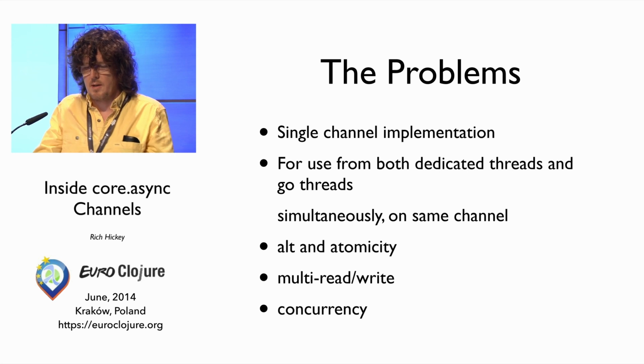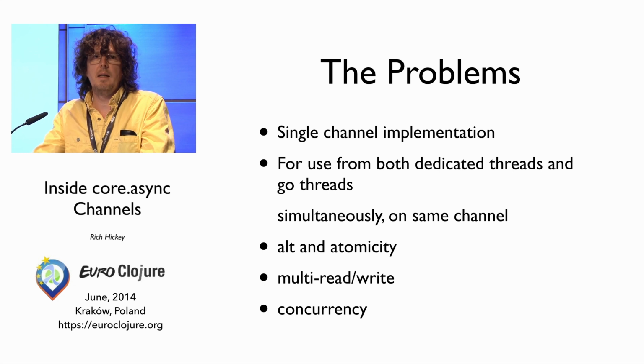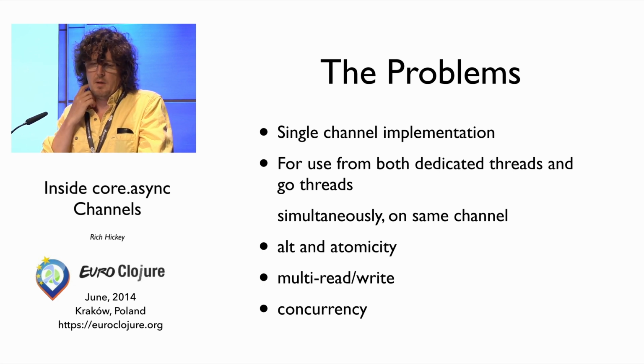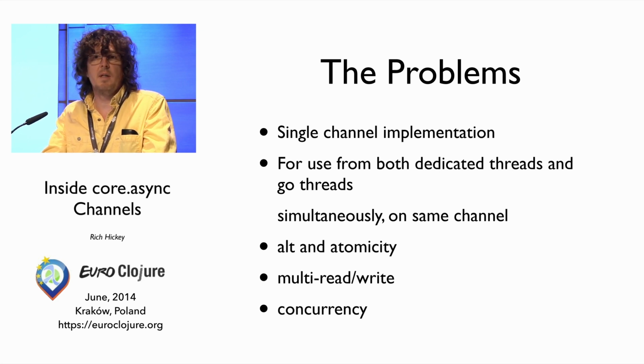So these are the problems we're trying to solve, or I was trying to solve, in taking on channels. The idea was to support both genuine threads and lightweight threads. But I knew a couple of things that I wanted to do. One was support a single implementation of a channel.